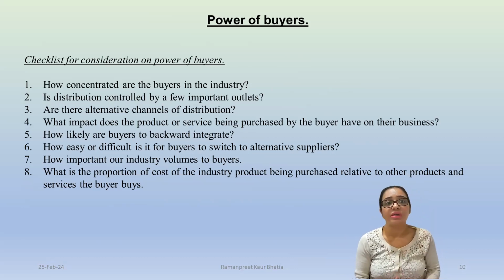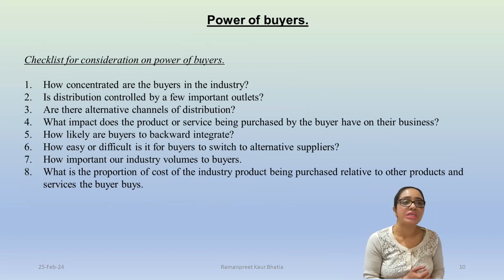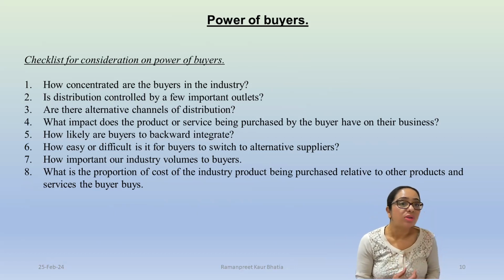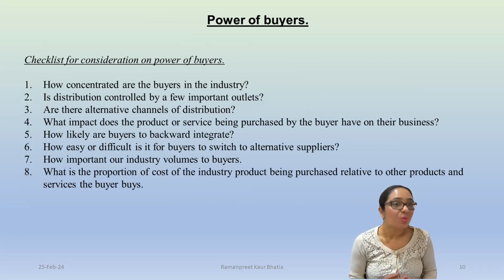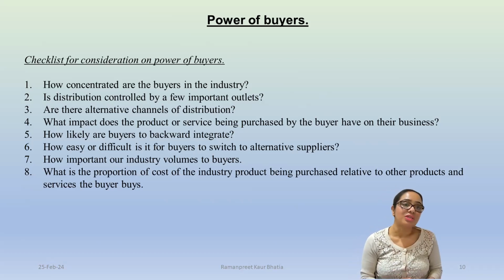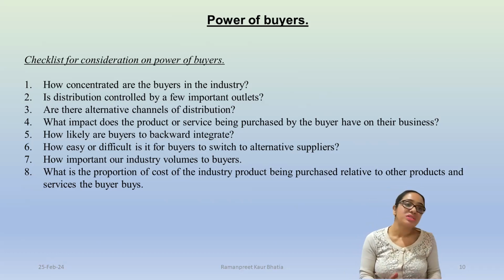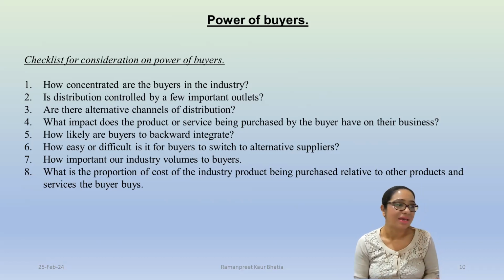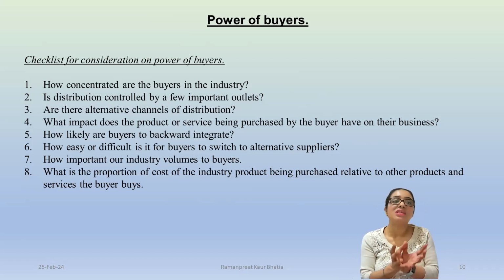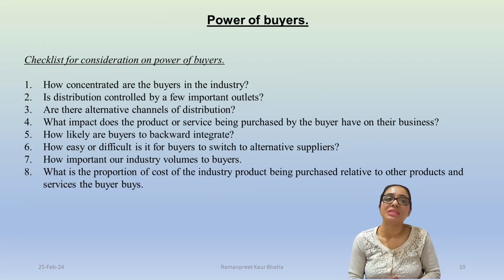How easy or difficult is it for buyers to switch to alternative suppliers? How important is my industry volume to the buyers? And what is the proportion of cost of the industry product being purchased relative to other products or services the buyer buys? So that is a complete checklist if we want to understand the power of buyers.